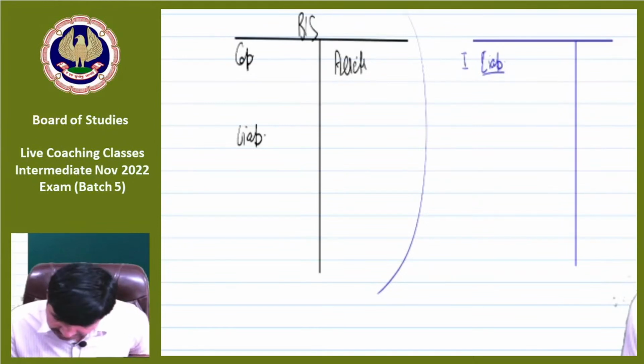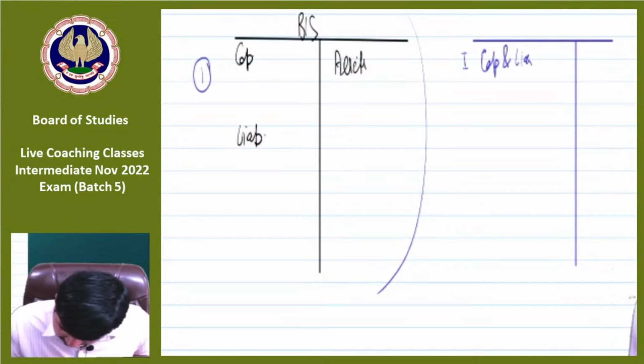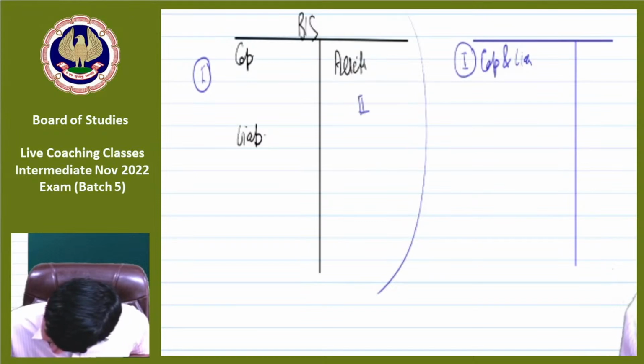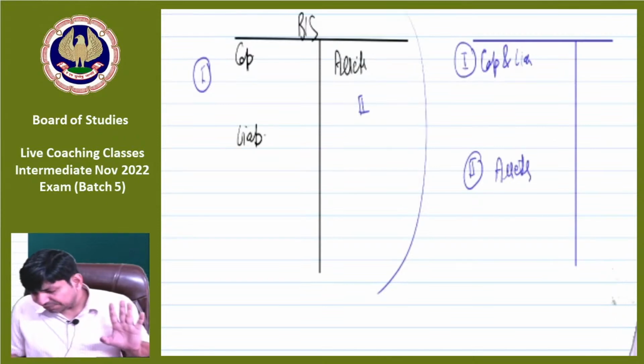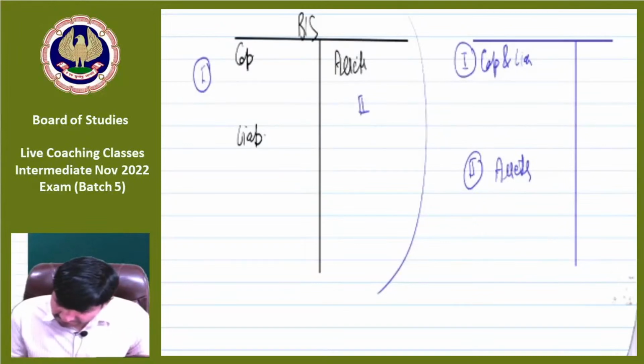Okay, beta, capital and liabilities. This will be called one. Okay, beta. And second, this one they have put here only. Assets, whether it is of Companies Act 2013 or Banking Regulation Act, Banking Act.